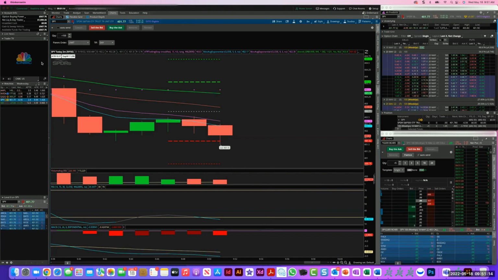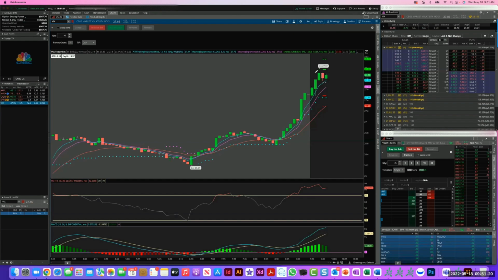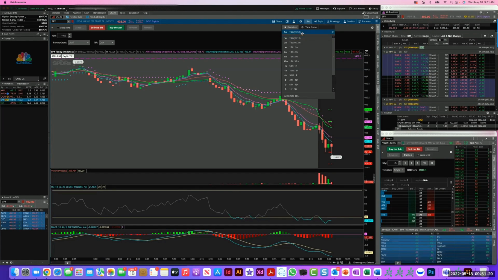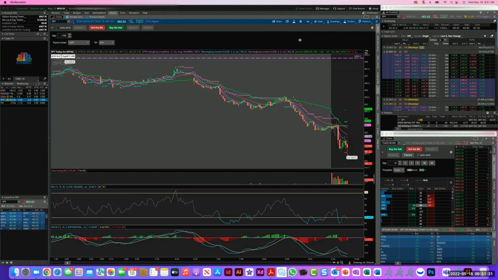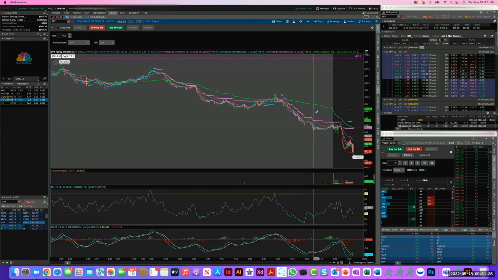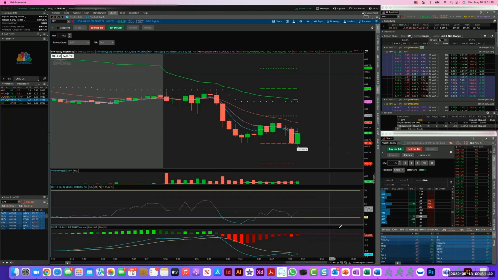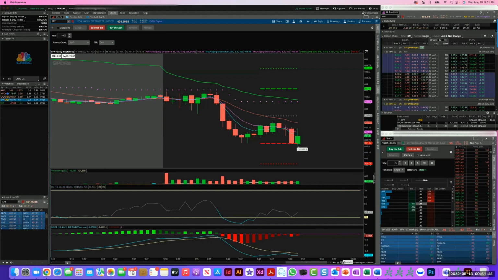We've got a VIX that is climbing and also consolidating on the 5-minute chart. Struggle between the bulls and the bears.